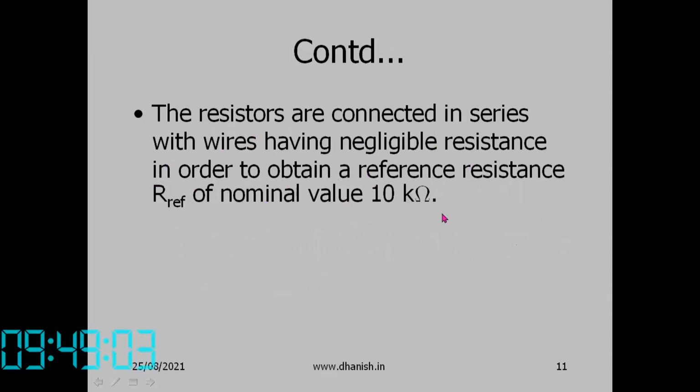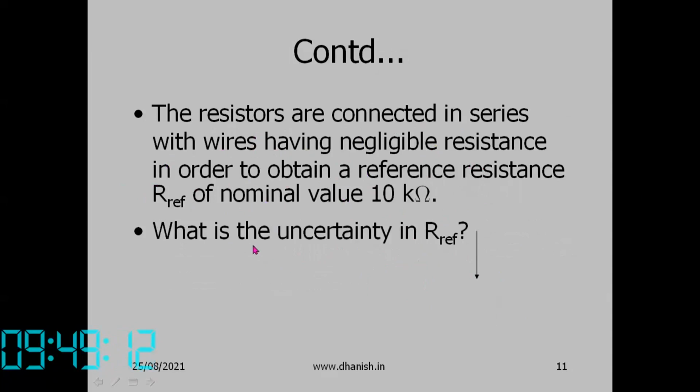So that means we are connecting all the resistances in series. So R equal to total resistance will be R1 plus R2 plus etc. R10. So what is the uncertainty in the reference resistance RF? So this is the sum of the 10 resistances. What will be the uncertainty in RF?